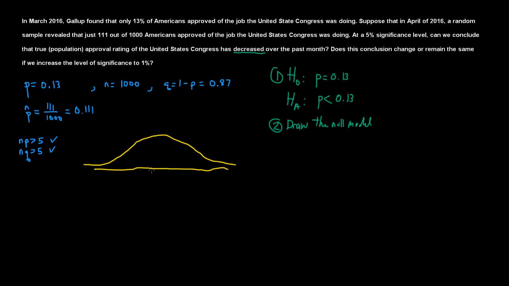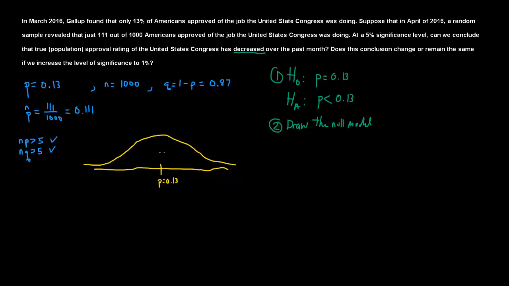Okay, if the null hypothesis was true, well, what would be true? That would be that the mean right here in the middle, okay, that's a Z value of 0, but P equals 0.13, which of course is a Z value of 0.